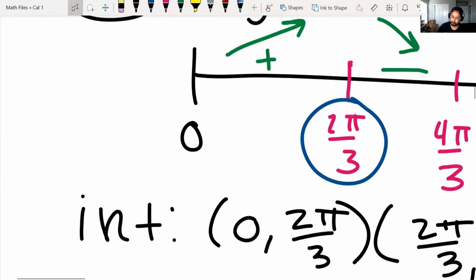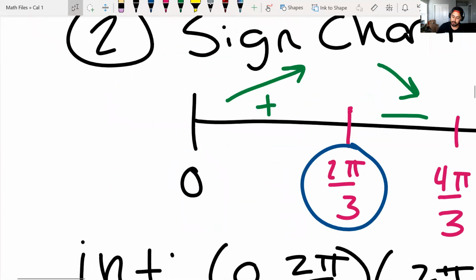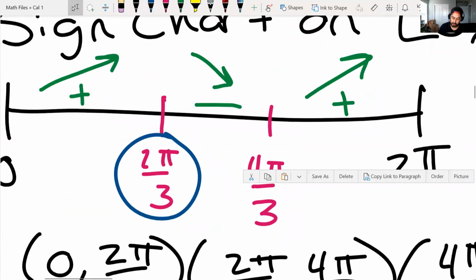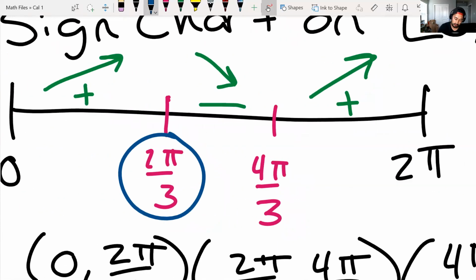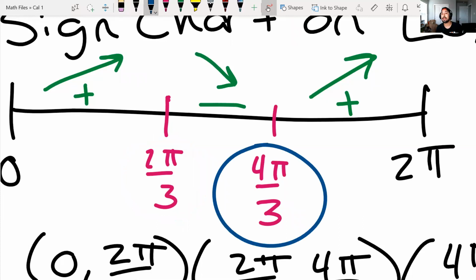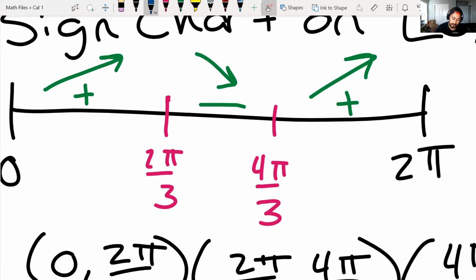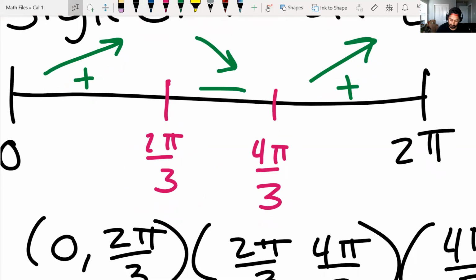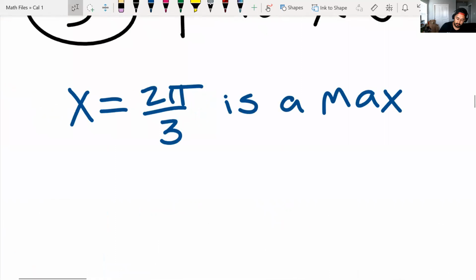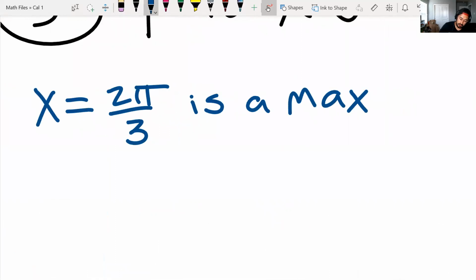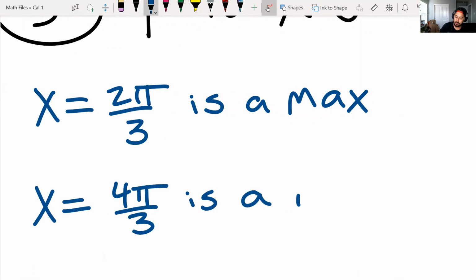And then we look at the next critical number of 4 pi over 3. What does my sign chart do at 4 pi over 3? It decreases and then it increases, which means 4 pi over 3 is a minimum. x equals 4 pi over 3 is a minimum.